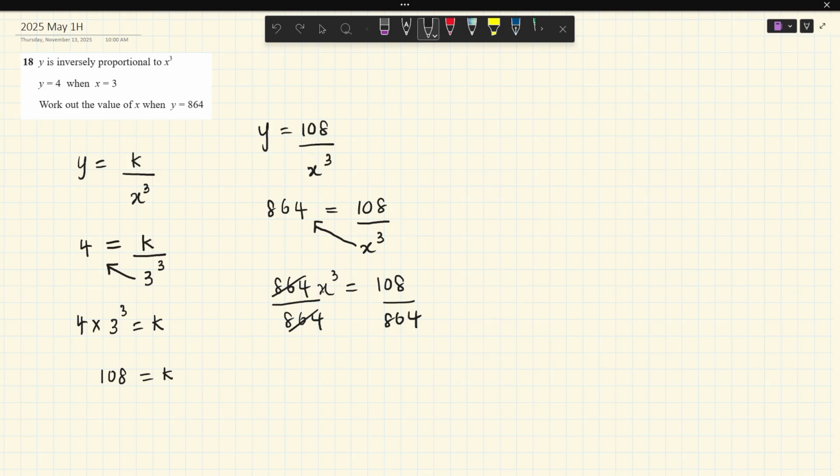So if you want to find x, then this power 3 has to be sent to the other side. When power 3 is sent to the other side, it becomes cubic root. So the cubic root of 108 over 864. Using the calculator, you can find the answer, that is half.